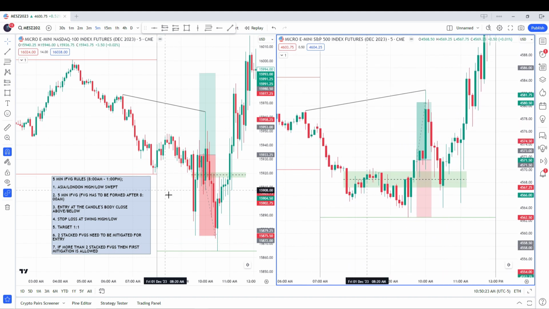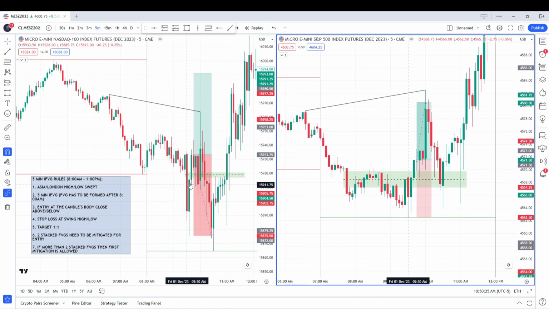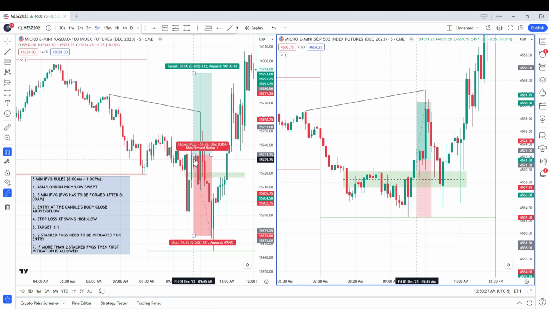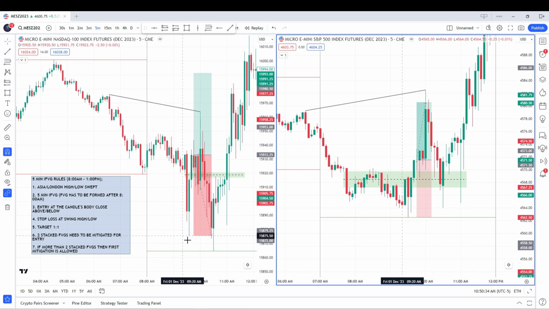Now, NQ, for example, you have this fair value gap right here. It gets inverted, closes above it, entered right here. Now, I did not take a full stop on this, even though all I've backtested is taking either target or full stop. Now, I try to keep this as mechanical as possible.